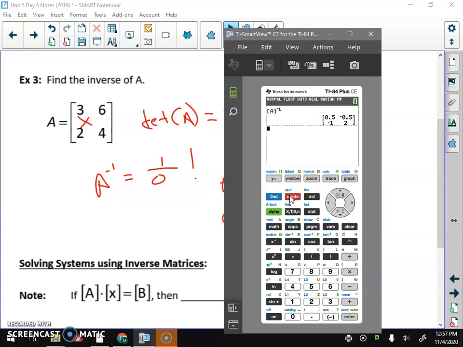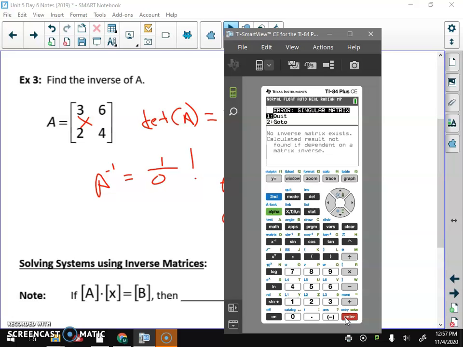Second quit. Clear. Second matrix, B. I want to go down to 2 and access it. Hit enter: 3, 6, 2, 4. Got it. Second matrix, B. Enter. Inverse. Let's see what happens. Singular matrix. No inverse exists. The calculator supports our algebra work.